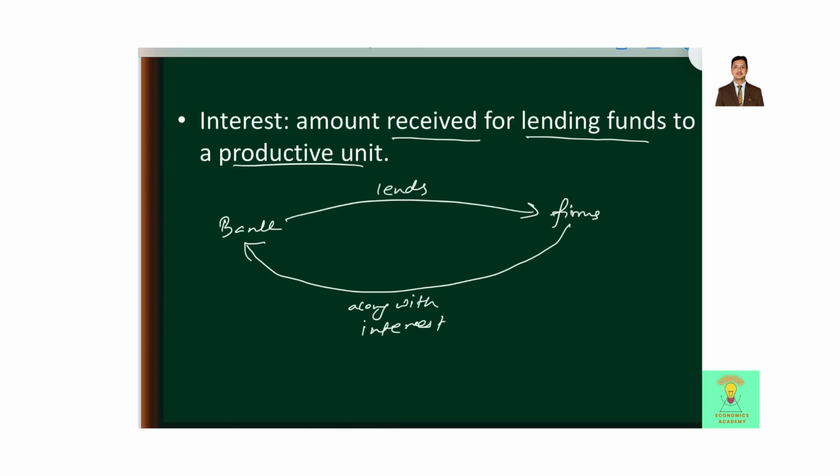Now that interest is the earning of the bank. Along with the principal amount, the firm also returns the interest, which is an extra earning for the bank. So that also comes under the component of national income.